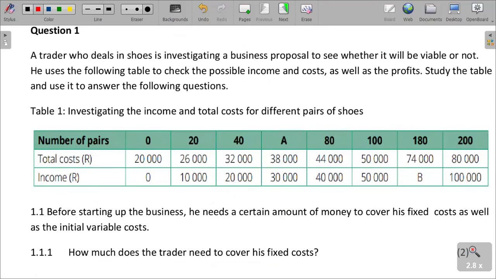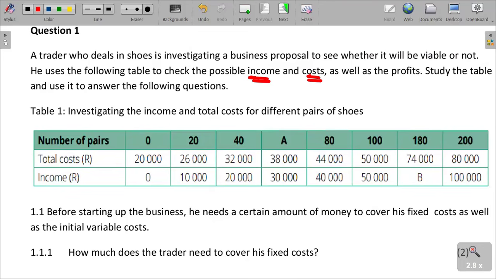A trader who deals in shoes is investigating a business proposal to see whether it will be viable or not. He is checking to see whether the business is going to be viable. So he uses the following table to check the possible income, the possible money that he is going to make, and costs, as well as the profits.